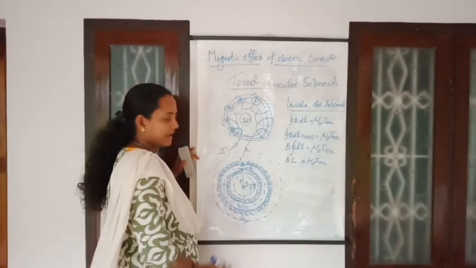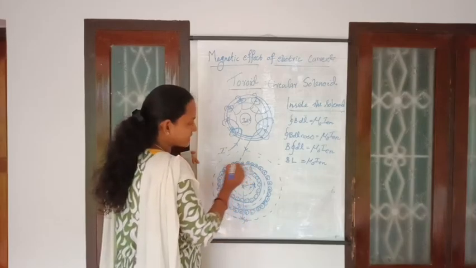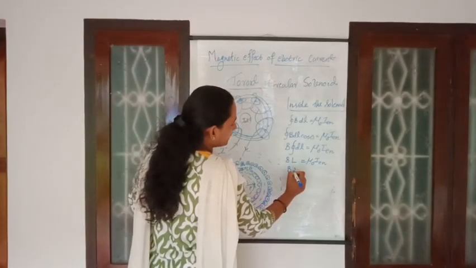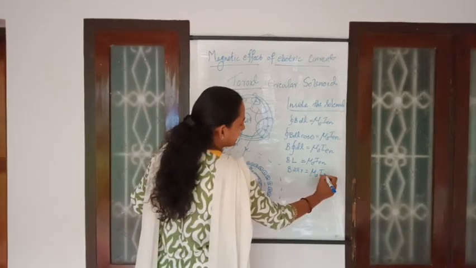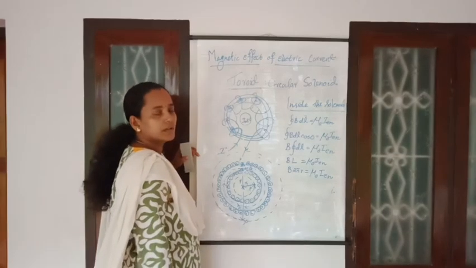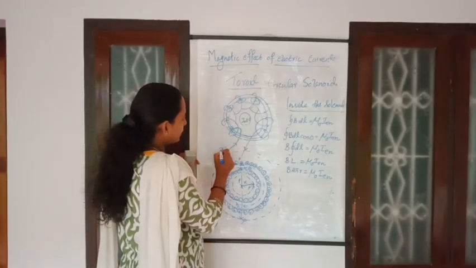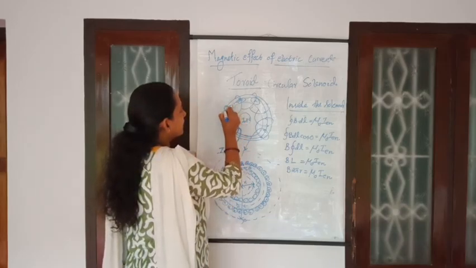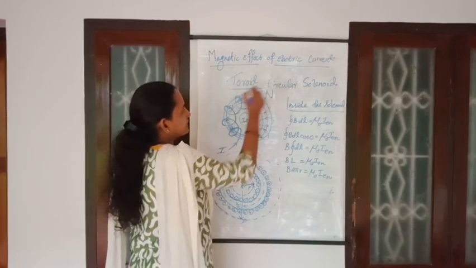But what is L? That is the length of the Amperian loop, and the Amperian loop is in the form of a circle with radius r. Therefore it becomes B into 2 pi r, equal to mu 0 times I enclosed. But how much is I enclosed? I is the amount of current passing through each turn, and suppose this solenoid has N number of turns.